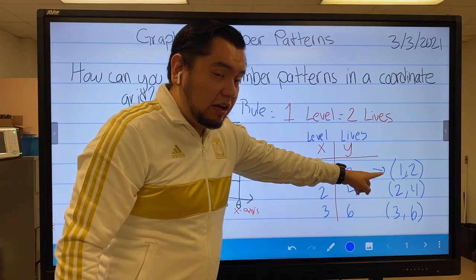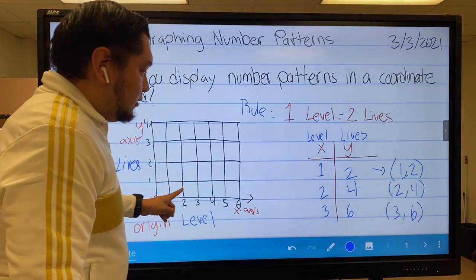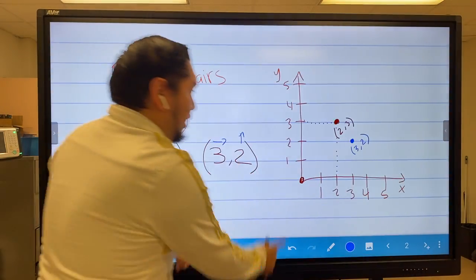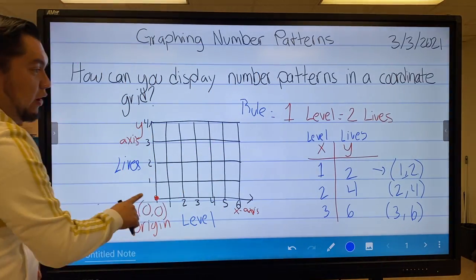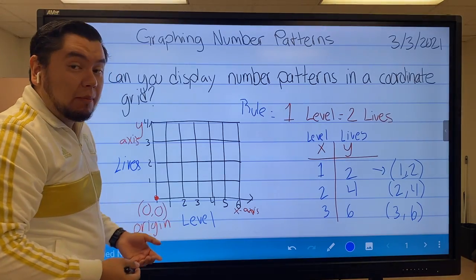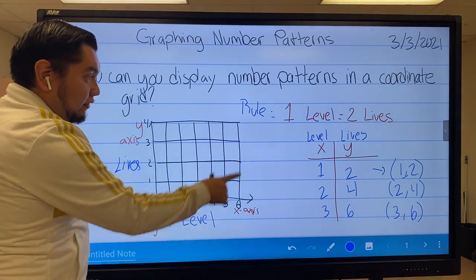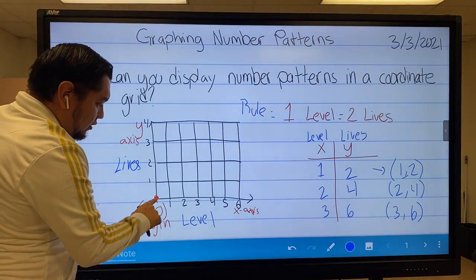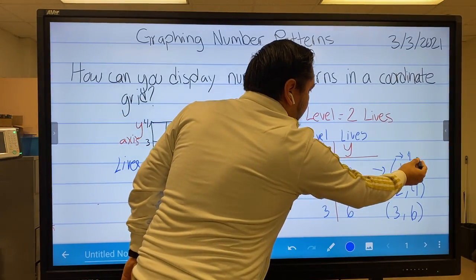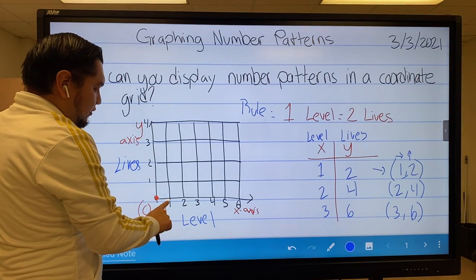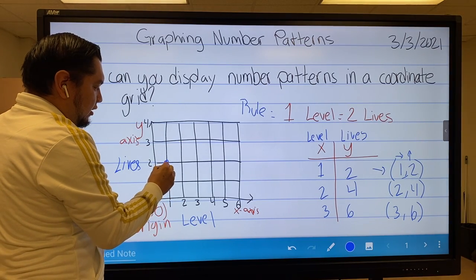Okay, now then you can use those ordered pairs the same way we did here to graph them. You can use those to graph the numbers here. Okay, so the first one is 1 comma 2. We'll move 1 to the right, remember, and 2 up. 1 to the right and 2 up, so you will fall here.